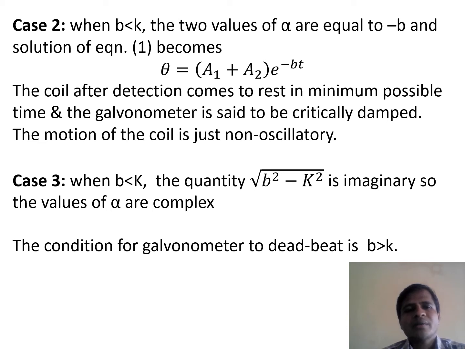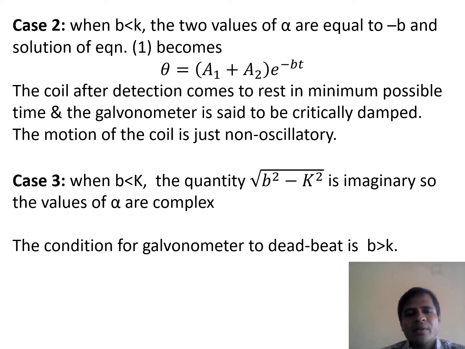Here in this case, the coil after deflection comes to rest in minimum possible time, and the galvanometer is said to be critically damped, and the motion of the coil is just non-oscillatory. And case 3, that is when b is less than k, the quantity under root b square minus k square is imaginary. So the values of alpha are complex.